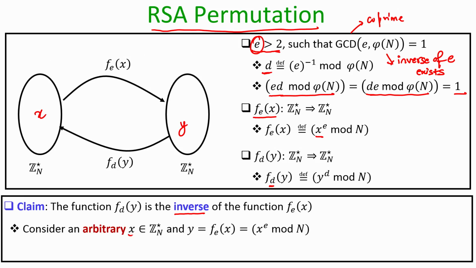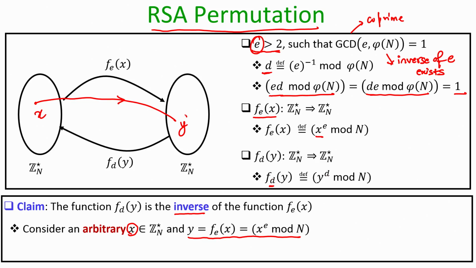We consider any arbitrary element x, and let y be the image of that x as per the f sub e function. That means y is equal to x to the power e modulo n, and now we want to prove that we can reverse the effect of the function f sub e by applying the function f sub d on the result of the function f sub e.